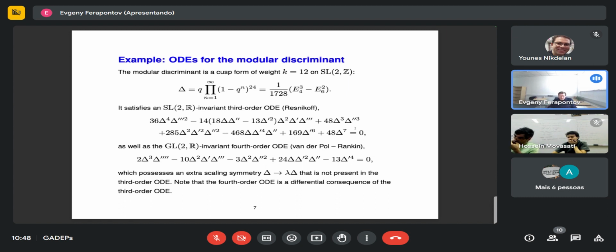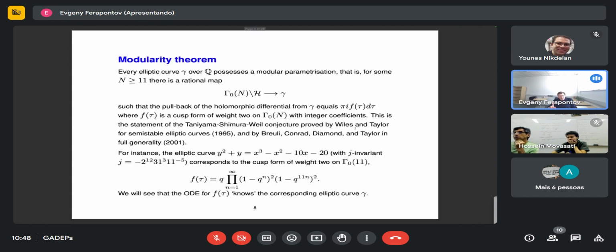Okay, now what is the general construction? Before I proceed to the general construction, let me say a few words about the modularity theory. It says that every elliptic curve gamma with rational coefficients possesses a modular parameterization, which means that there is a rational map from the quotient of the upper half plane.